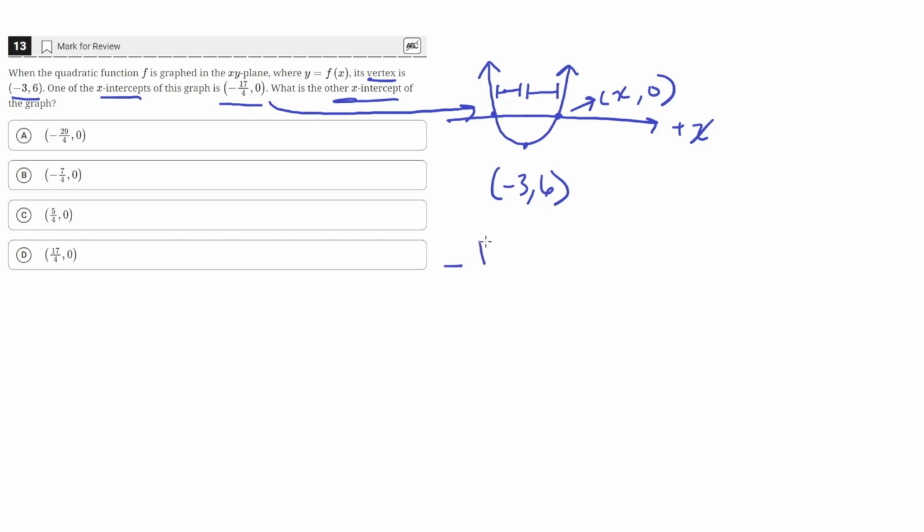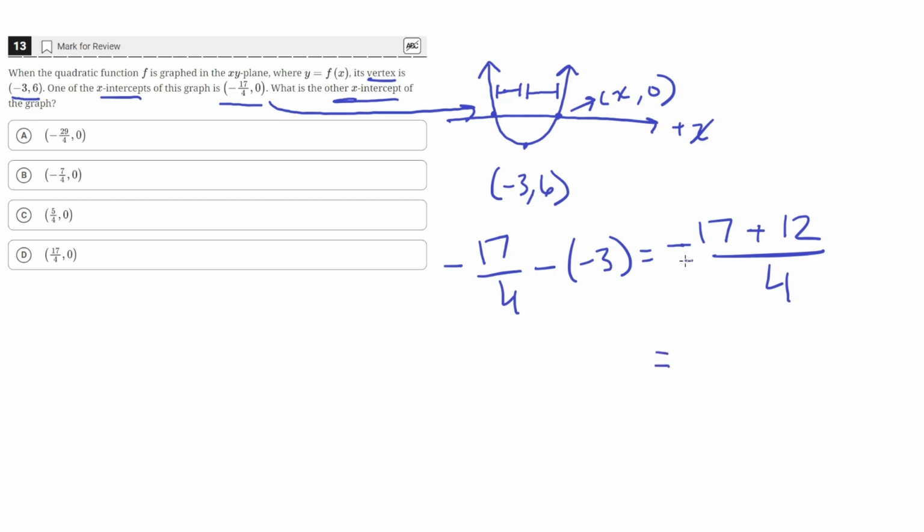So negative 17 over 4 minus negative 3 is equal to negative 17 plus 12 over 4. These two negative signs just became a plus sign, and I just changed the 3 over 1 to 12 over 4, which is equivalent to 3, but now they have the same denominator, so we can add them together.